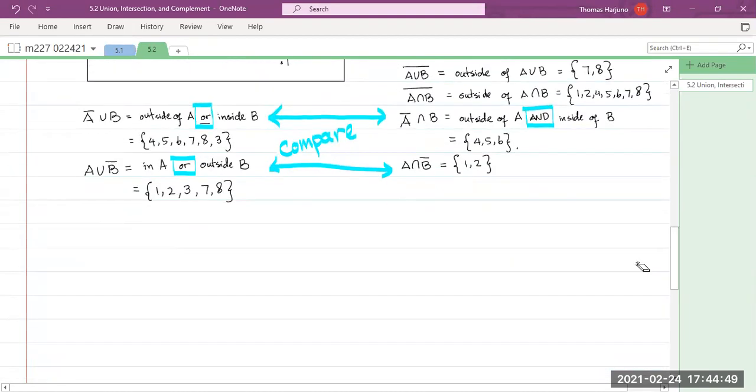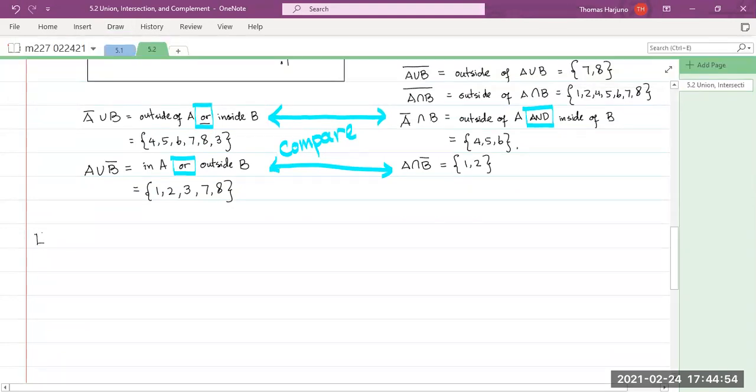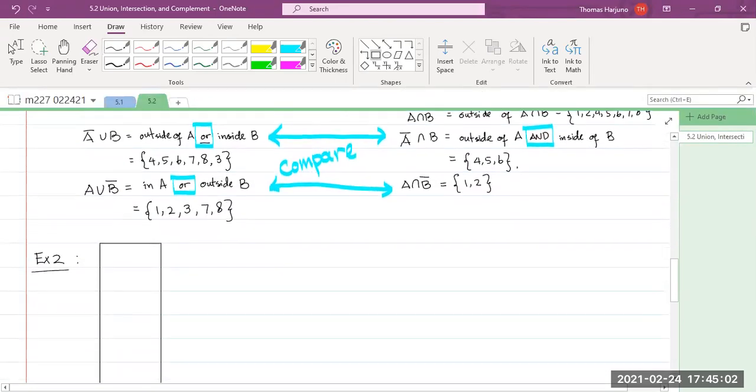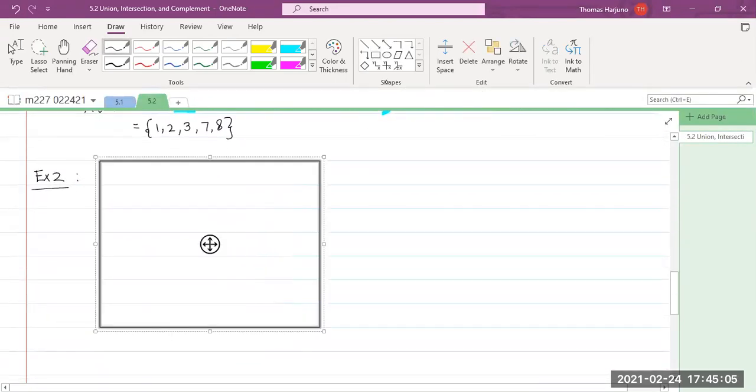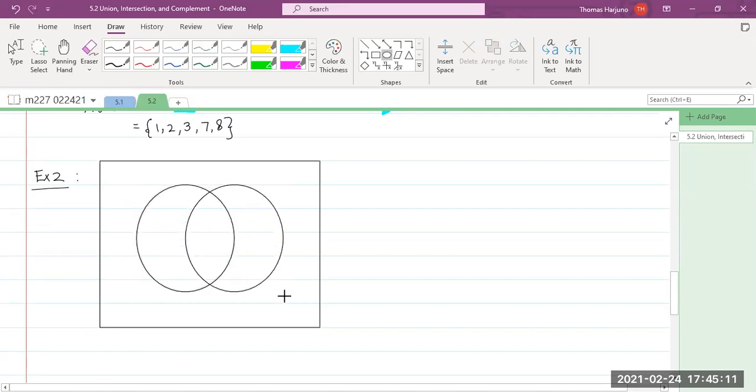Now, contrast that with the following way of describing a Venn diagram. Suppose I have a Venn diagram, and then I have set A, and this is set B. A and B. I say 2, 1, 3, 2.